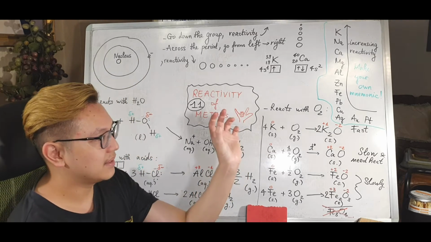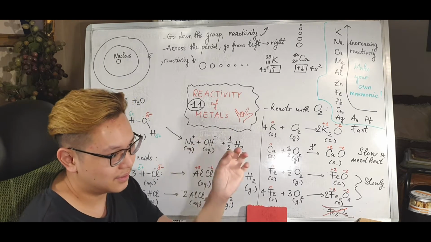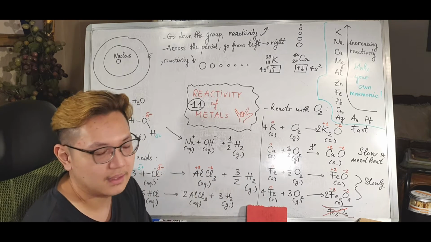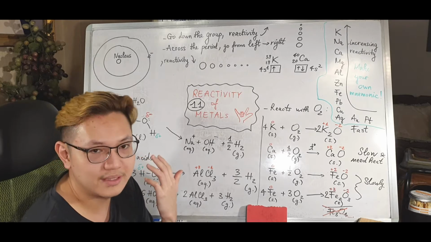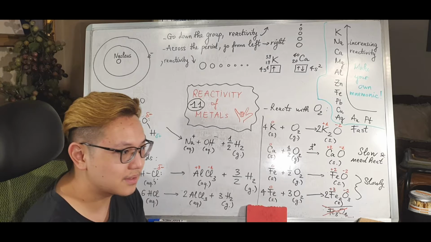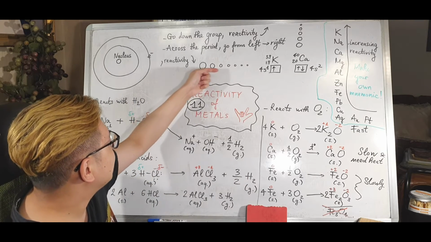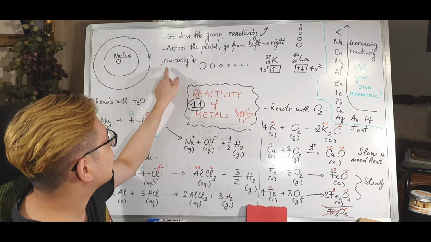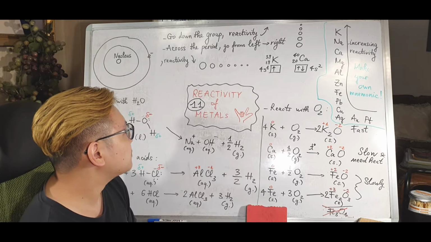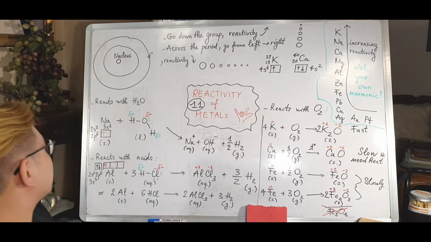As they become closer and closer, the electrons of the outermost shell become more guarded by the nucleus, and hence it is much more difficult for them to get out and react with anything else in the environment. So that is the reason why, as you go from left to right across the period, reactivity decreases. Okay, so that is the theory explaining why.